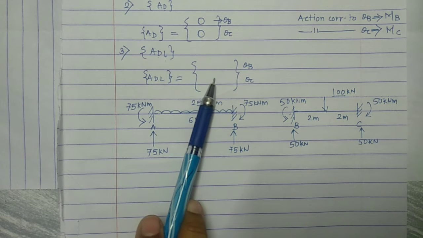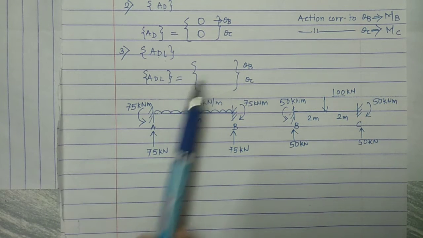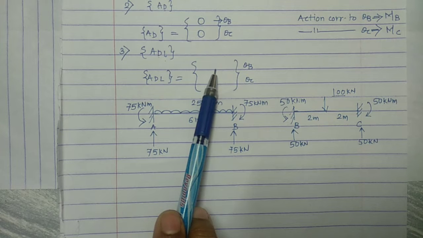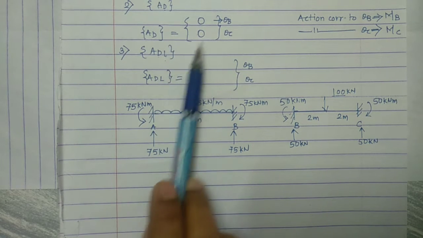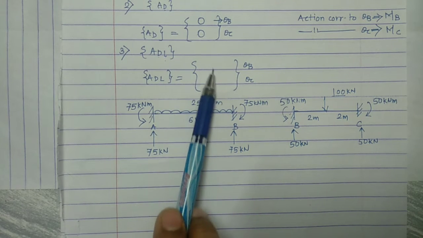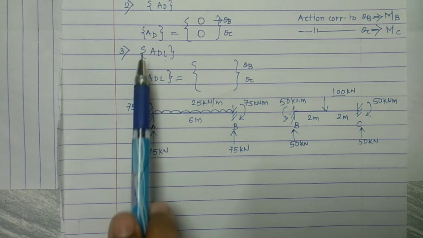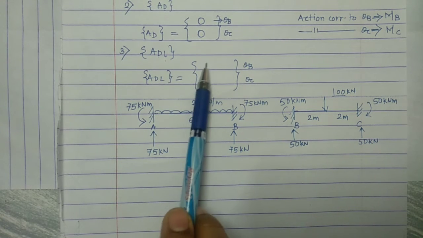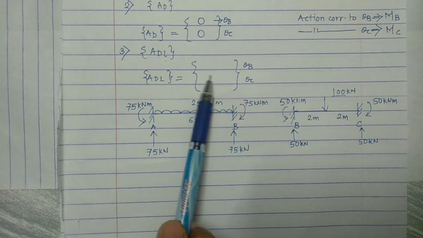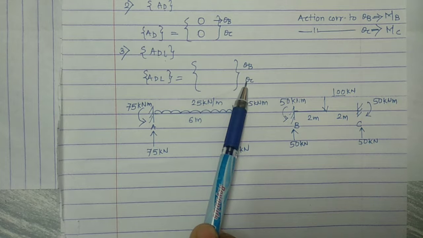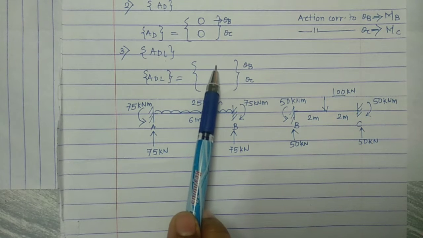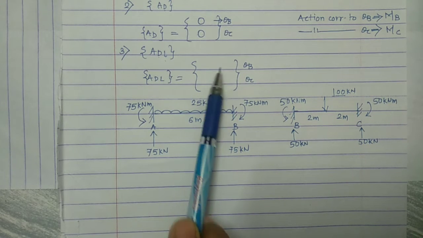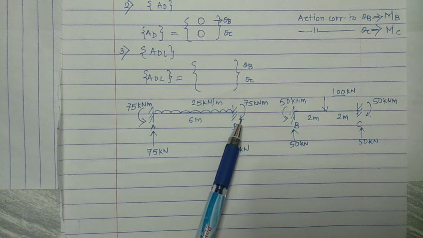Now write this ADL matrix. Similar to this matrix, we have to write the elements here. ADL is the action corresponding to displacement in the restraint structure. So this first element is the action corresponding to theta B, the second element is the action corresponding to theta C. So here you have to write the moment at point B in the restraint structure.